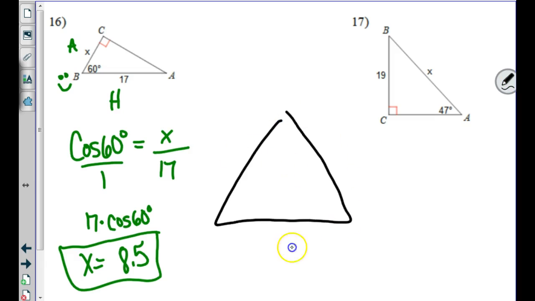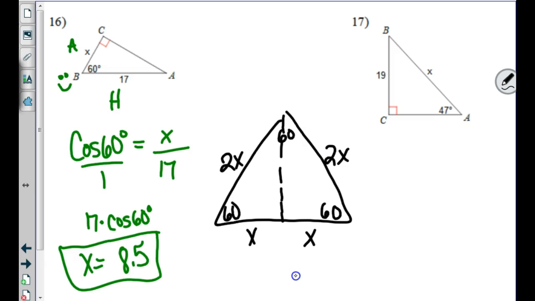Do you remember if it was equilateral, they were all the same? Okay, so instead of calling these all x, I'm going to call these all 2x, and I'll show you why in a second. Because what happens when I split this? Now I can call these x and x. Okay, and then I just split this so it's 30.